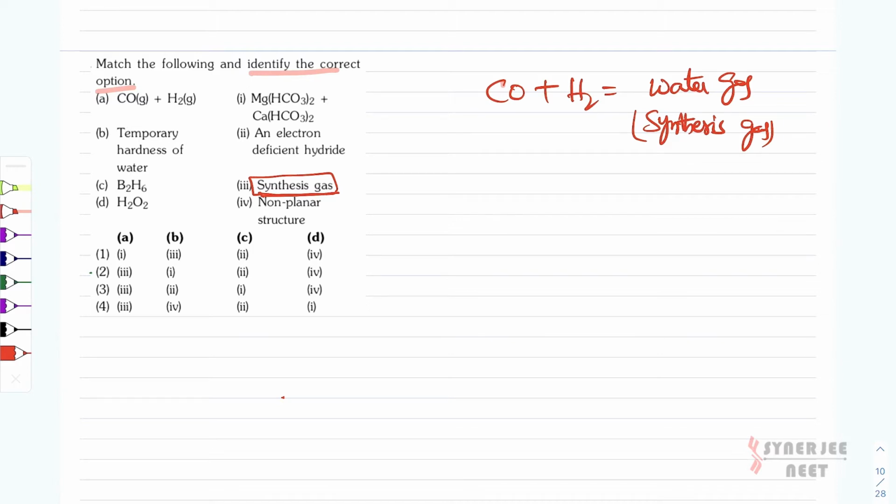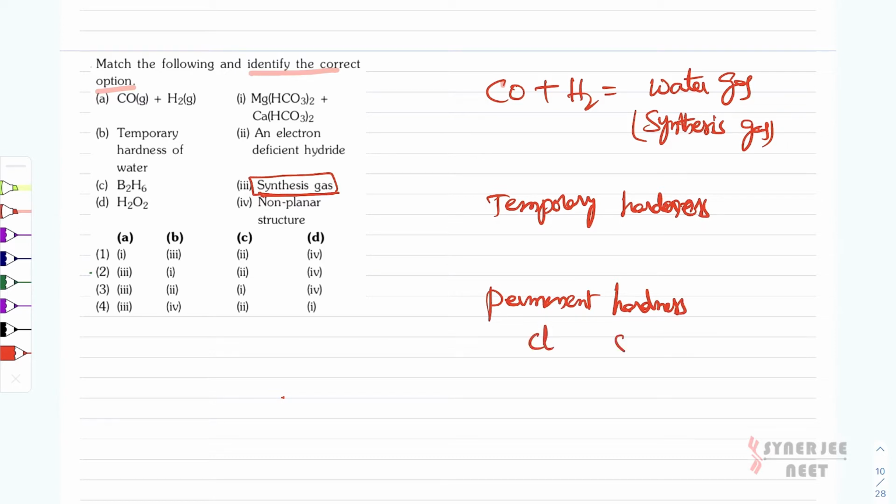Next, temporary hardness of water. Temporary hardness of water is due to the bicarbonates. Hardness is divided into two types: temporary hardness and permanent hardness. Permanent hardness of water is due to chlorides and sulfates of calcium and magnesium.